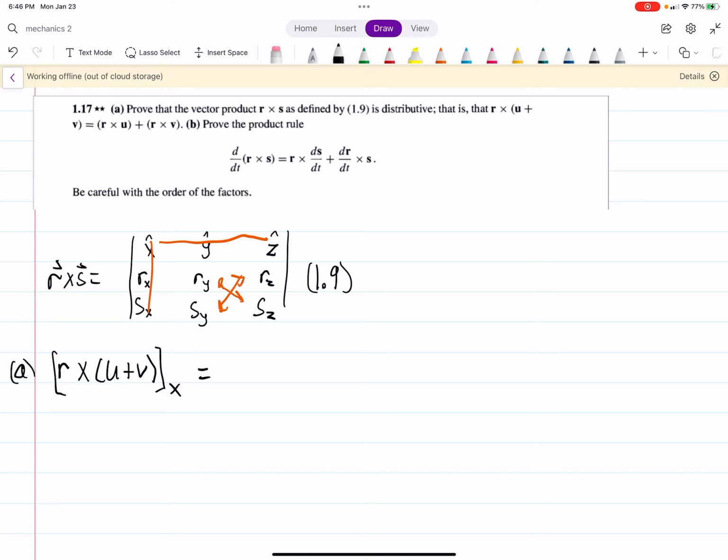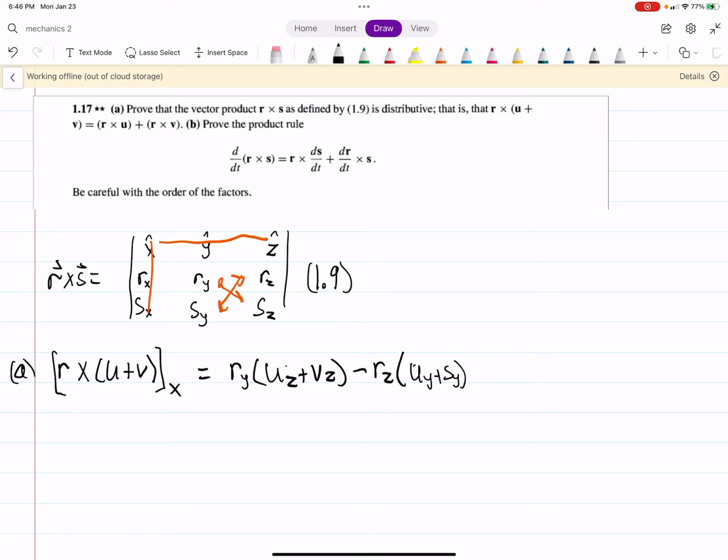So in that case, you have Ry times (Uz plus Vz) minus Rz times (Uy plus Vy). Okay?